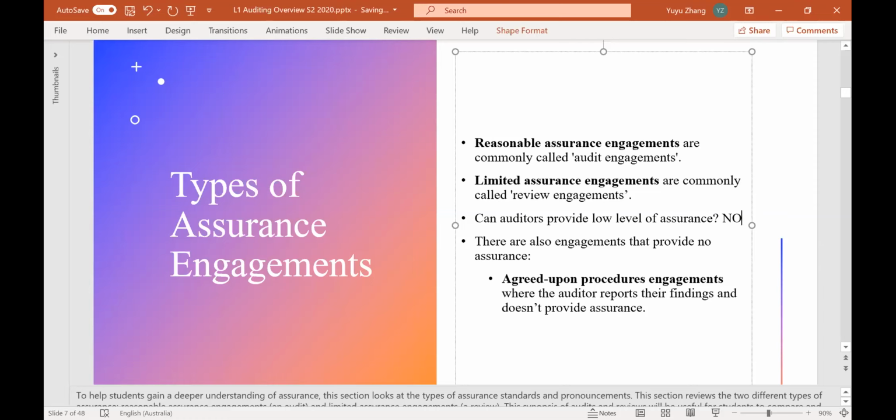Auditors would only provide reasonable level of assurance or limited level of assurance. Otherwise, they provide no assurance. Any question on this part? Yes. If auditors provide low level assurance, the market wouldn't need that type of audit.